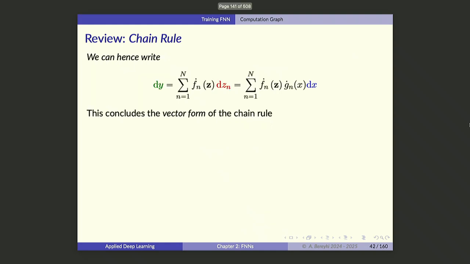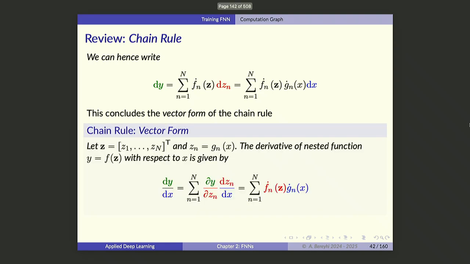So you end up with the vectorized form of the chain rule: to compute the derivative of y with respect to x, you compute the partial derivative of y with respect to every single argument of the intermediate function, and multiply it by the corresponding derivative of that intermediate variable with respect to x.